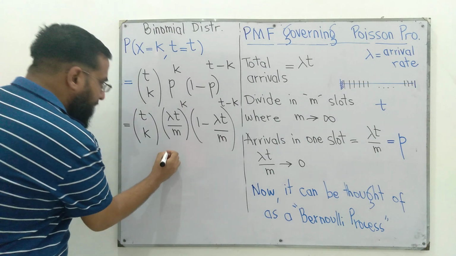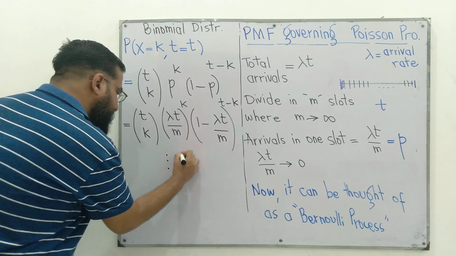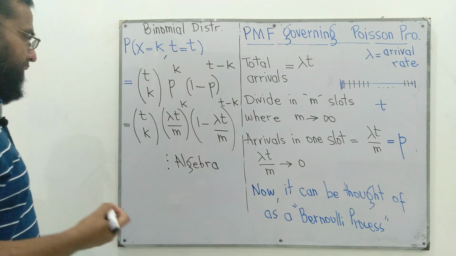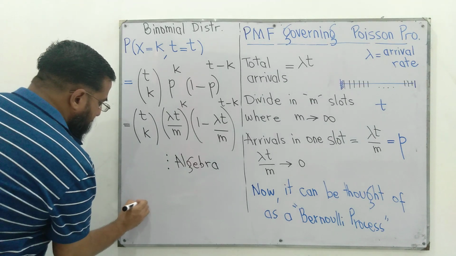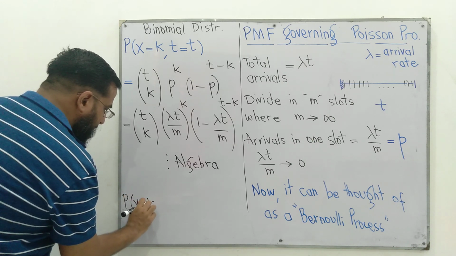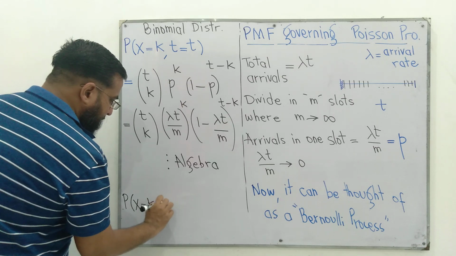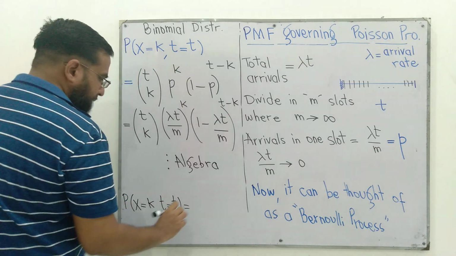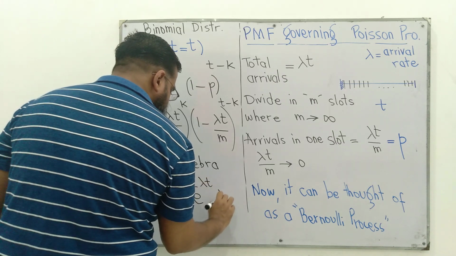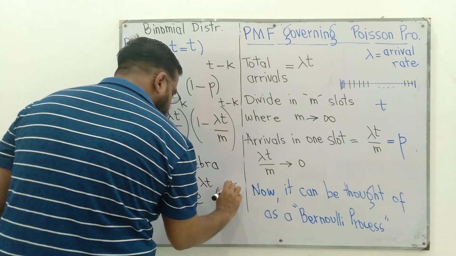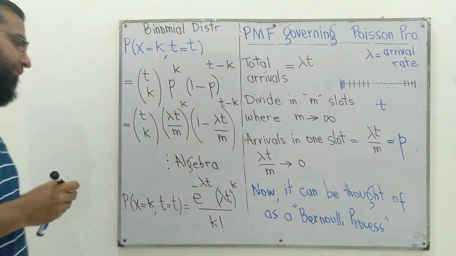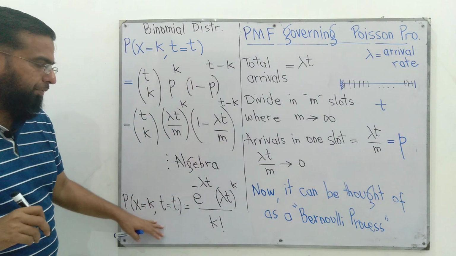So this requires a little algebraic effort, and after we solve this, we reach a value: the probability of having k arrivals in t time is e to the minus lambda t, lambda t to the k, over k factorial.